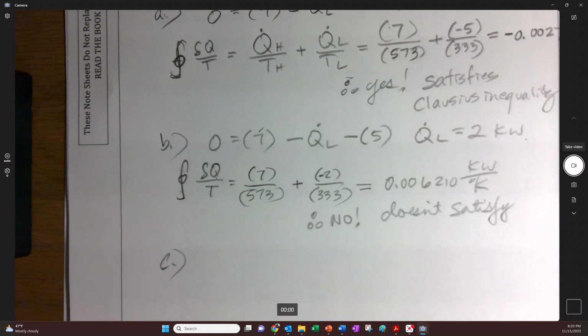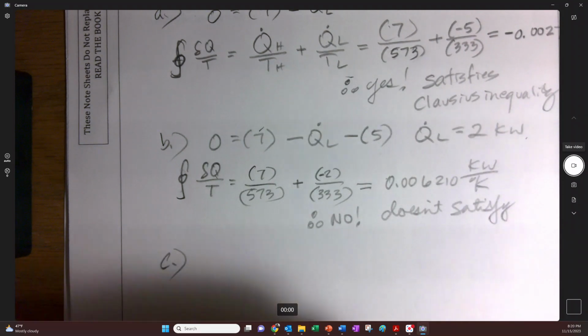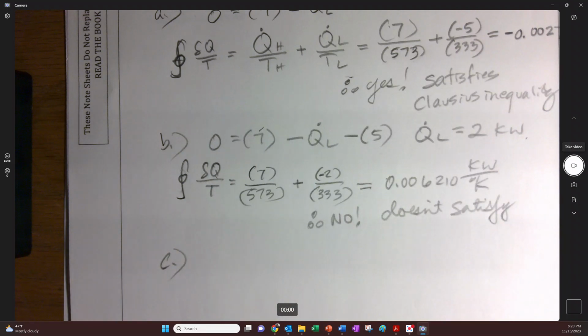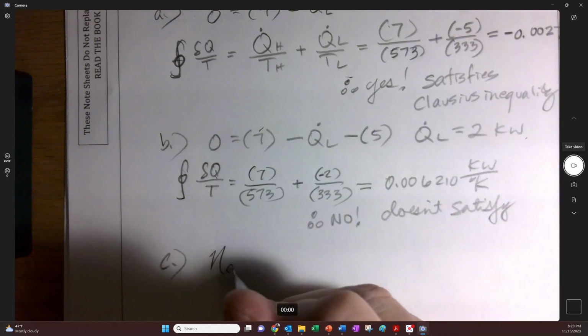C is a Carnot cycle. So we have to first find, here's a little trick, if you will, I don't know if it's a trick, it's necessary, the Carnot efficiency.